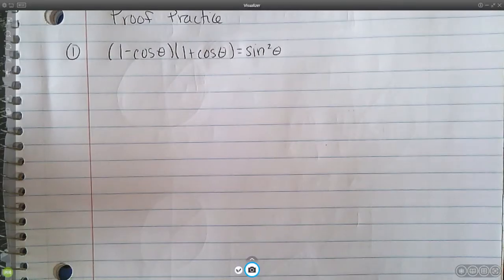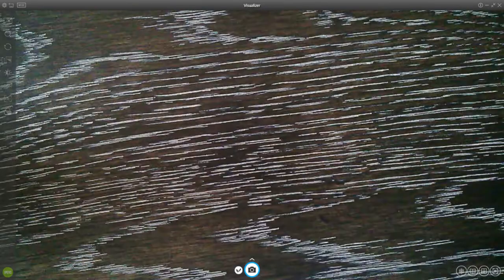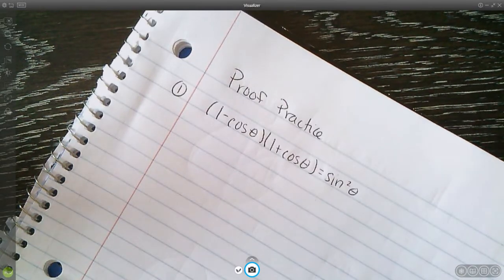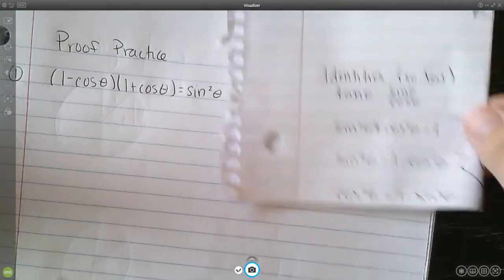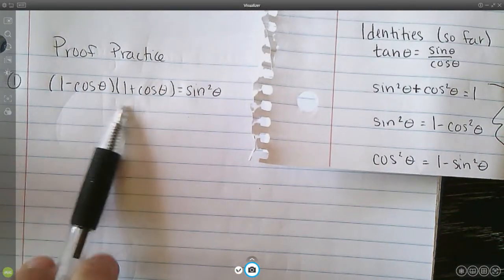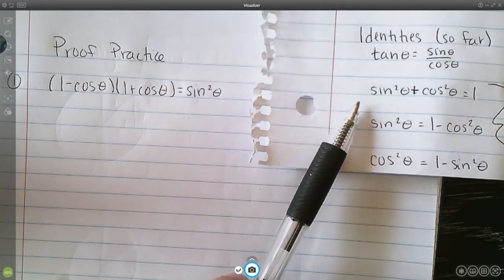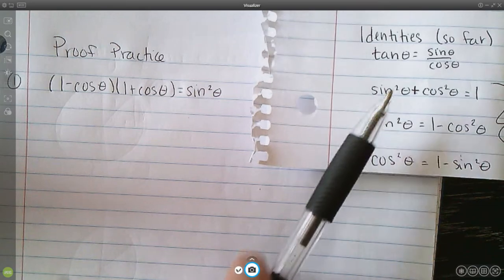Okay, so we are going to do some proof practice. All right, we need to prove that this side equals this side based on some stuff we have written here.